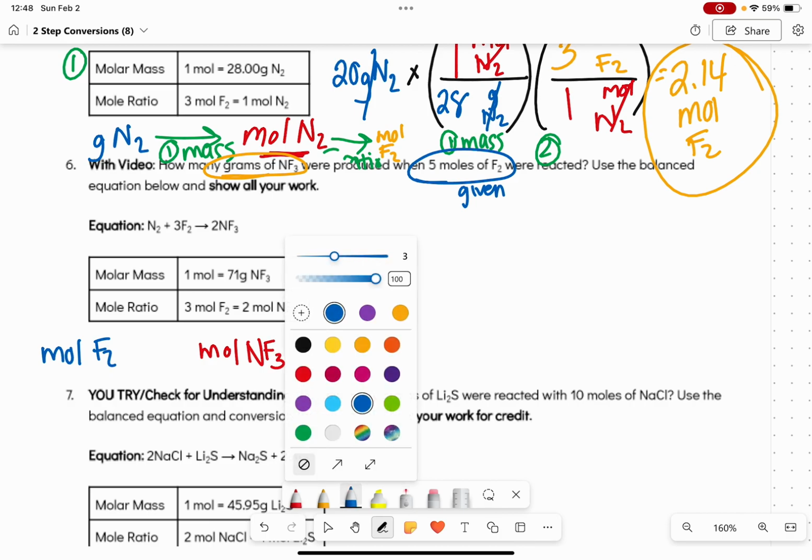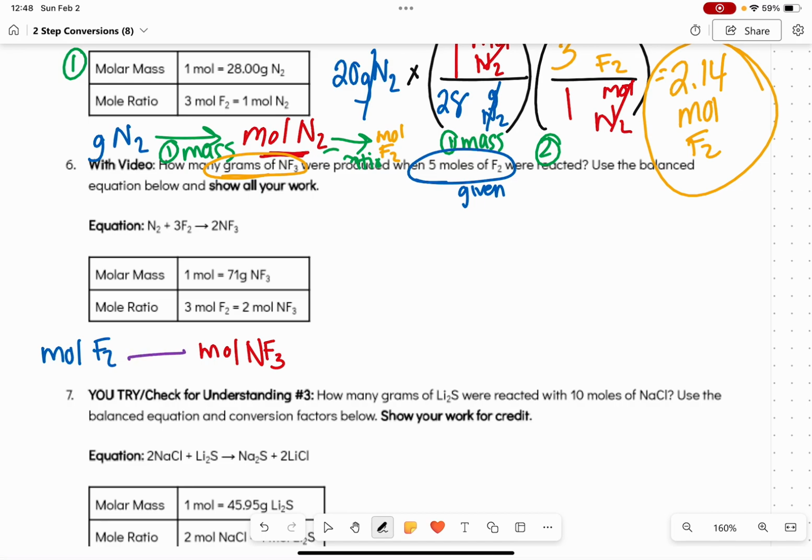And the way I'm going to do this is by, I have moles and moles, and I don't have any grams. Okay, so this time your mole ratio is going to be your first step.